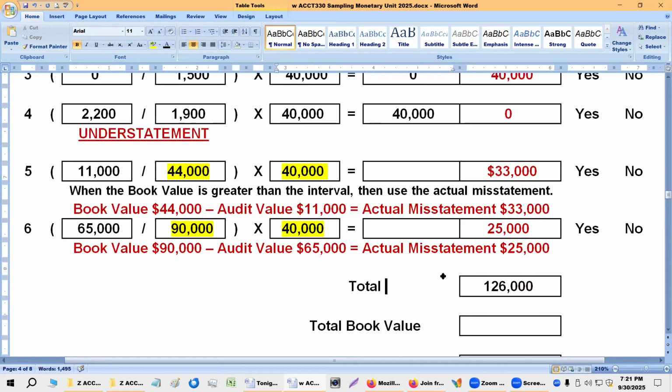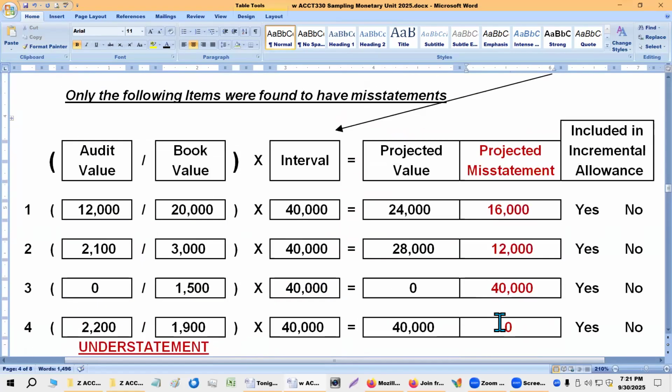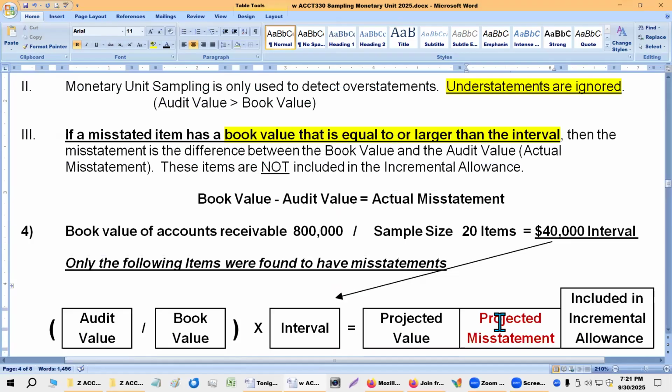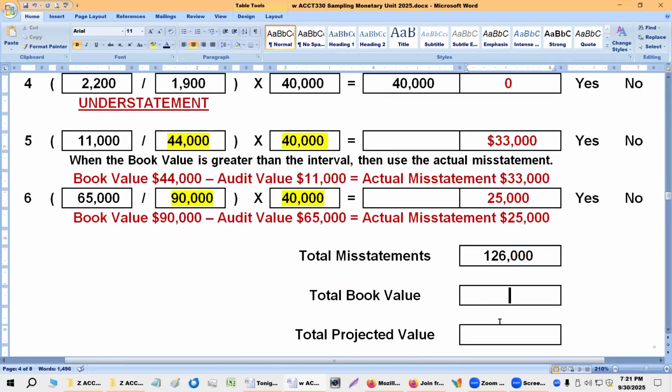So this would be the total projected misstatements. What's the total book value? And these are always overstatements.